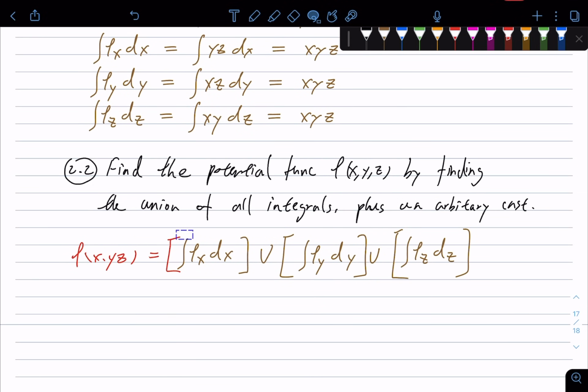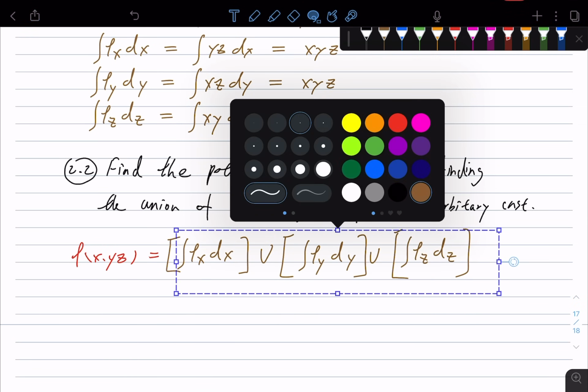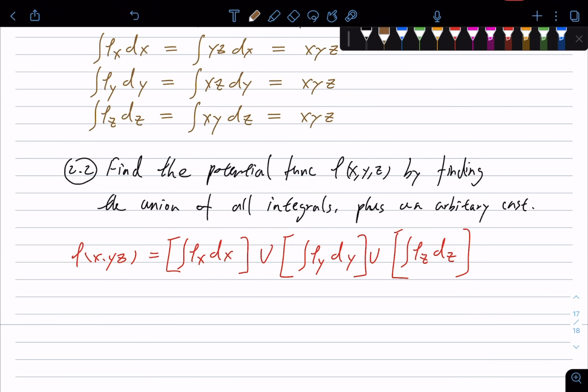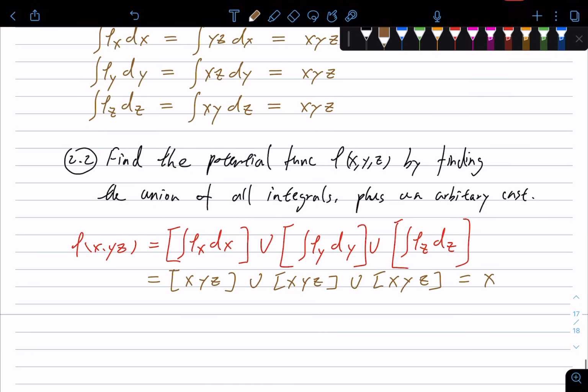So in practice, what does it mean for this particular problem? We're going to have the union of xyz, union of xyz, xyz. This is just going to equal xyz.